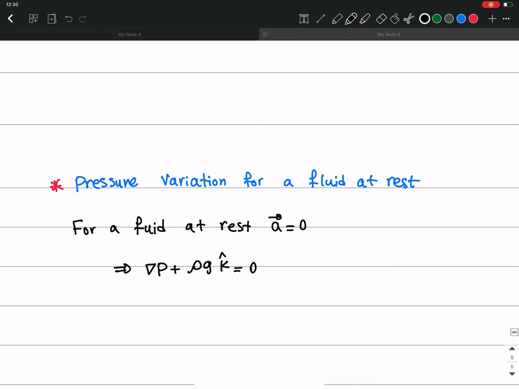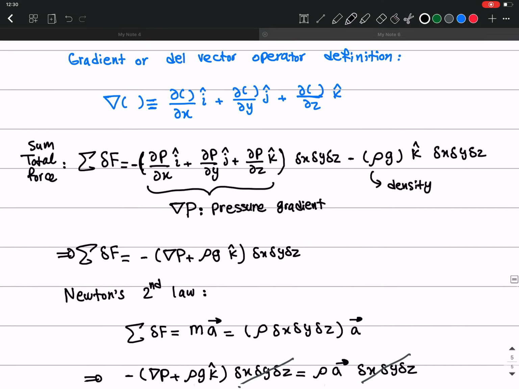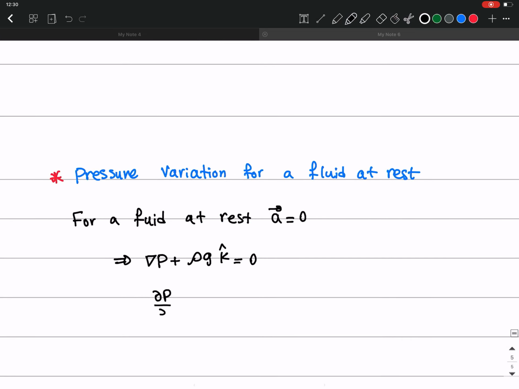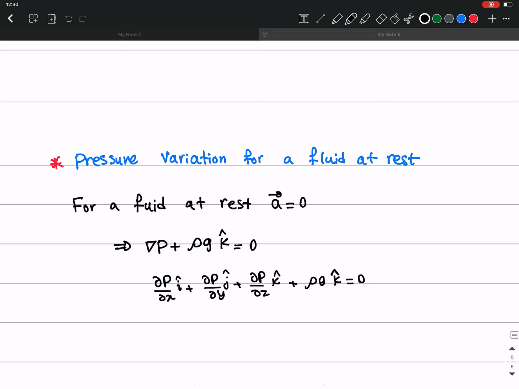So what does this tell me? The definition of grad P, I'm just going to write it down here, is as this: partial P partial X i plus partial P partial Y j plus partial P partial Z k, plus rho g k equals 0. Okay? So in the i direction and j direction, there is nothing other than this pressure gradient.